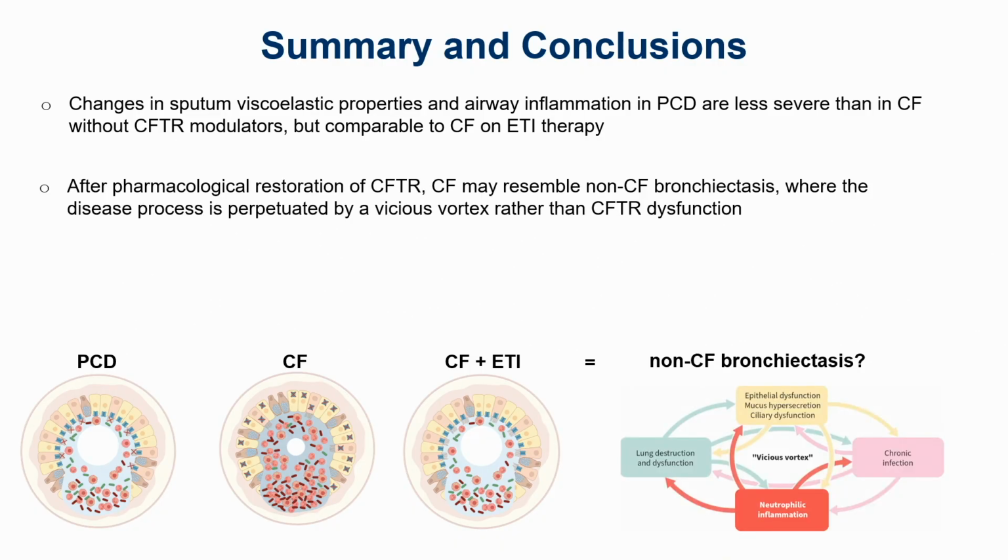This indicates that even after pharmacological restoration of CFTR function by ETI, we still see residual abnormalities, and so even CF on ETI may resemble non-CF bronchiectasis, where the disease process is perpetuated by a vicious vortex rather than CFTR dysfunction.